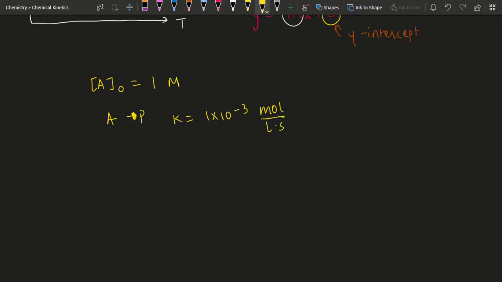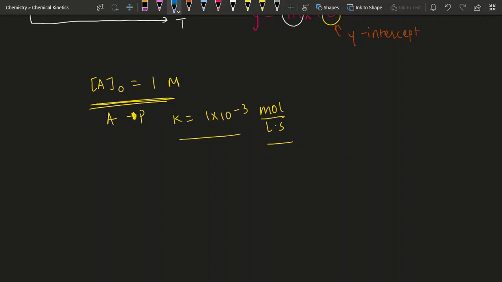We looked at it in a previous video. Now you need to figure out, if this is the rate constant and this is the initial concentration, how much time does this reaction take to complete?